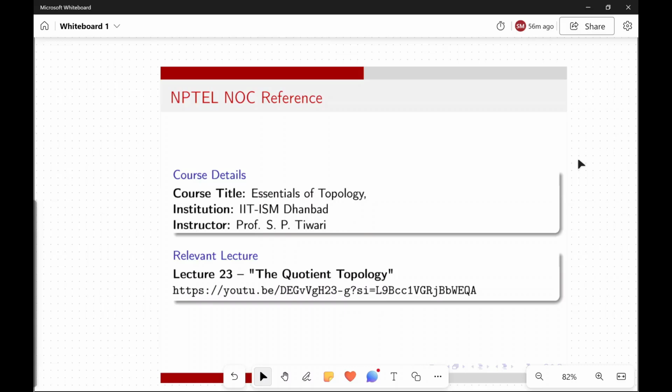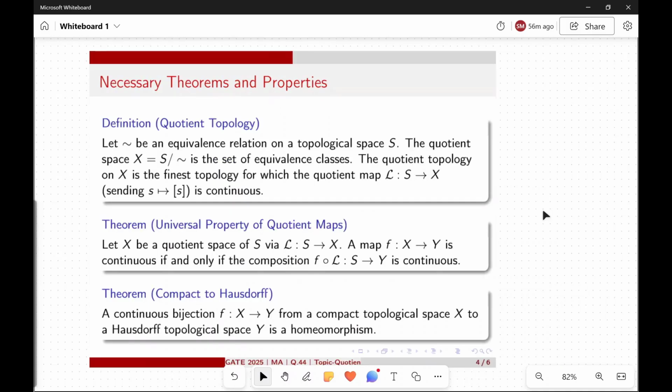Now, before solving the problem, let me give a quick recap of the useful definitions and theorems. The first definition is the quotient topology.